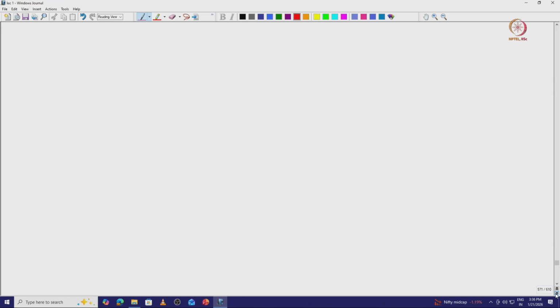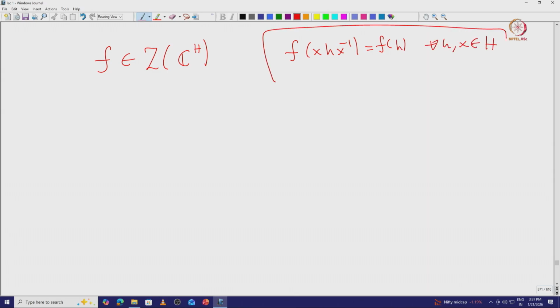Now, if we start with a function f from the space of class functions on H, then it is a class function. That means f of x h x inverse is equal to f of h for all h and x in capital H. This is satisfied.